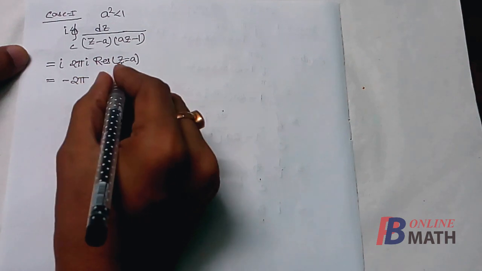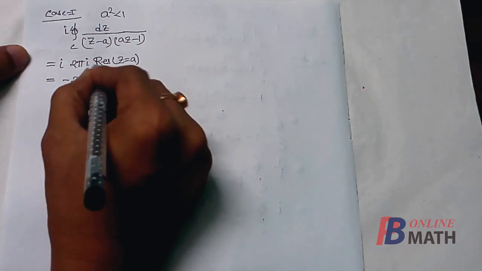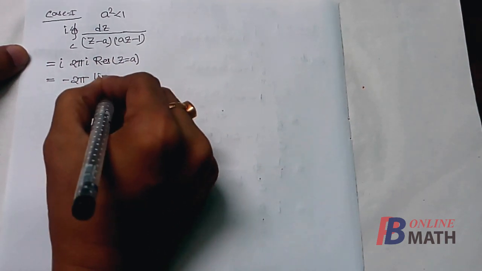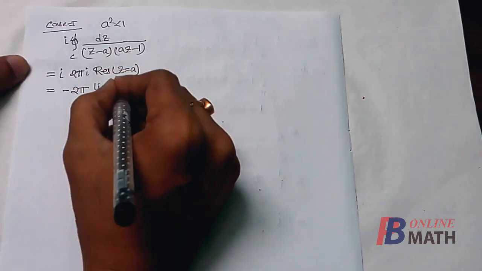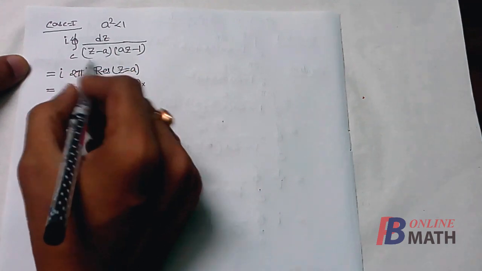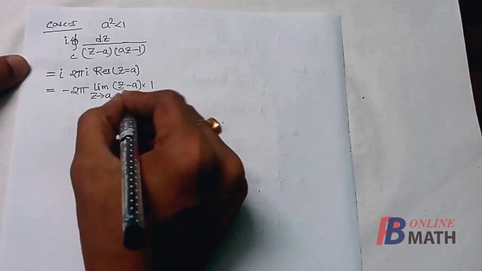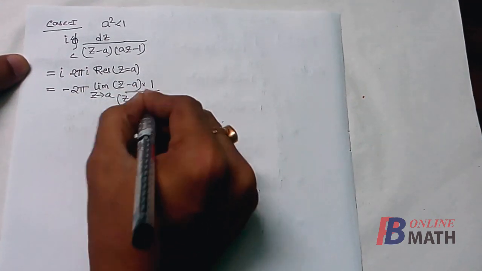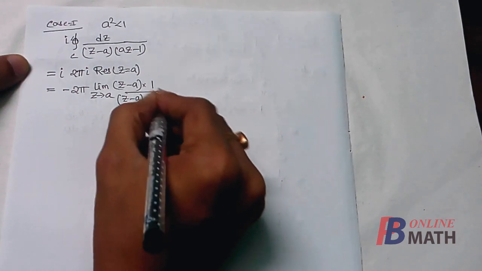So this is equal to minus 2 pi. Now the residue at z equal to a is defined by the limit as z tends to a of z minus a multiplied by the integrand, and that is 1 by z minus a into az minus 1.